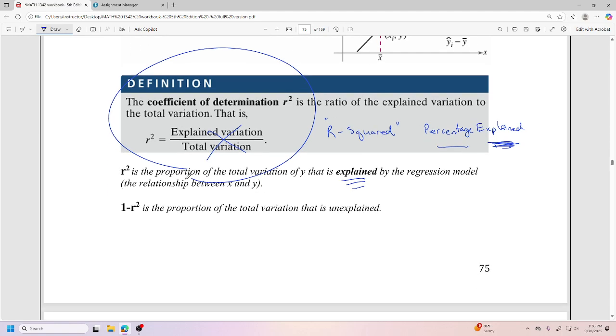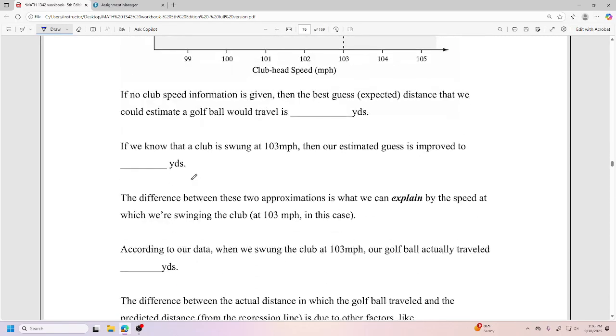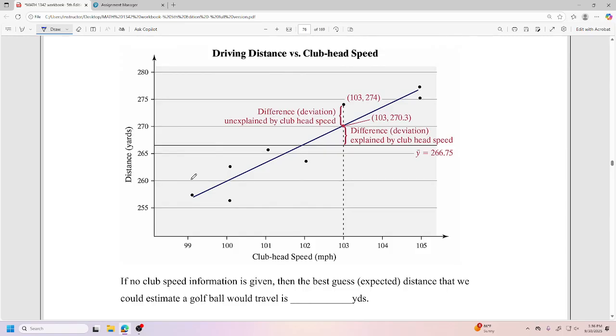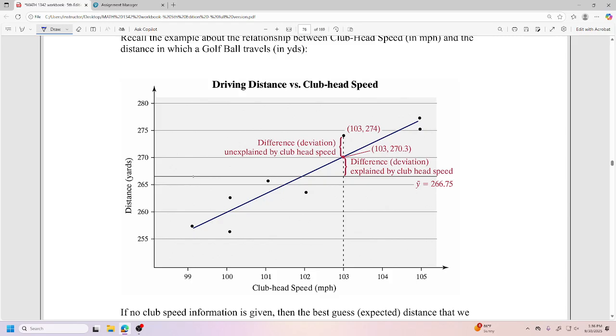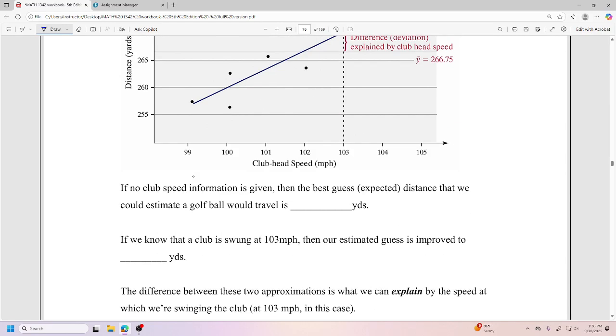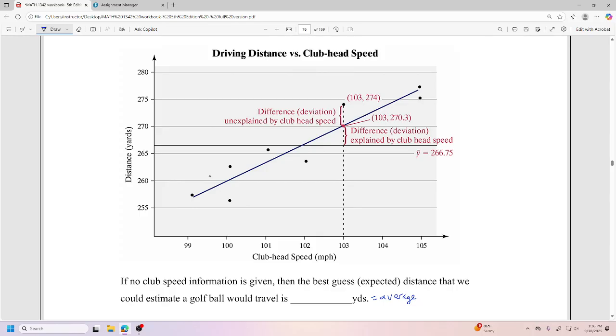Okay, cool. So let's do some stuff. This picture right here is what we're going to use for the questions below. I'm going to talk about it and scribble on it. We've got some dots, a line, and all this stuff here. It says if no club speed information is given, what would be a good average? I'm just going to say this is an average for yards. If you can see here, they've got yards right here, and the average is right in the middle.